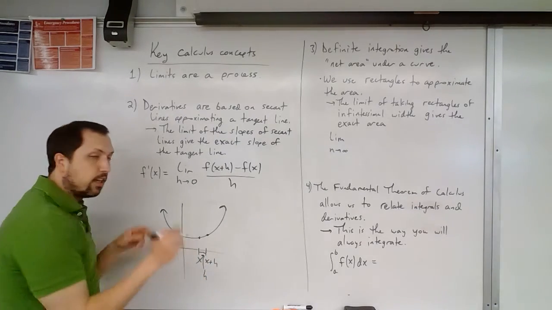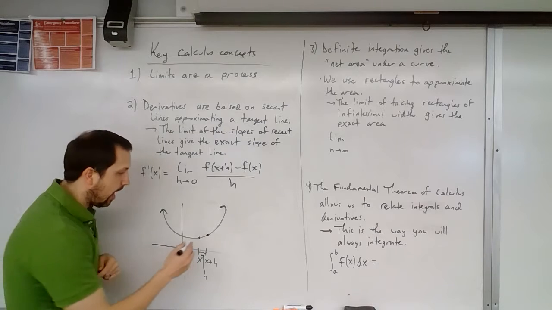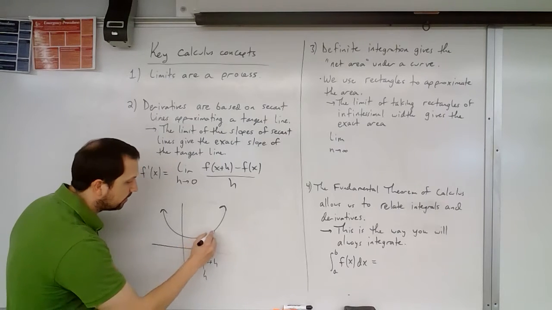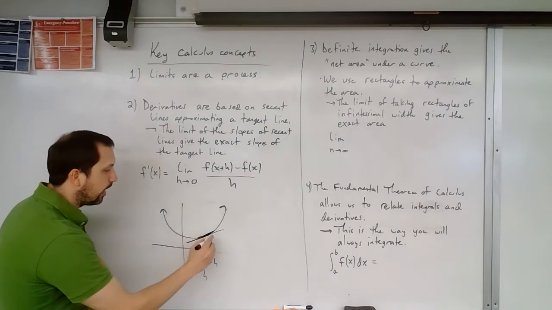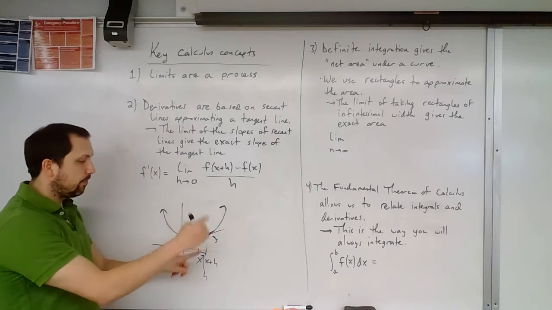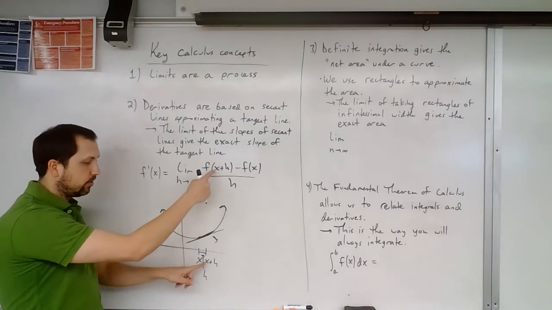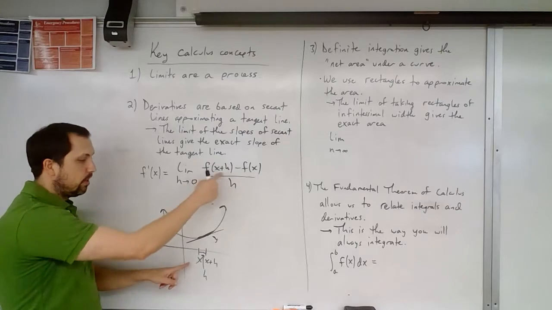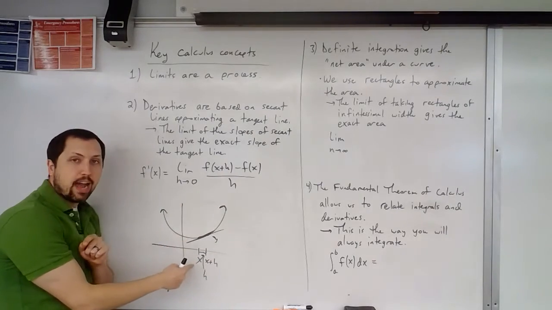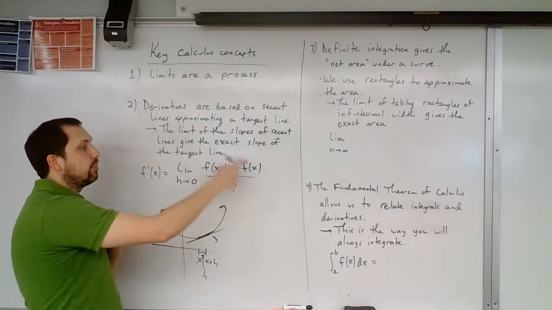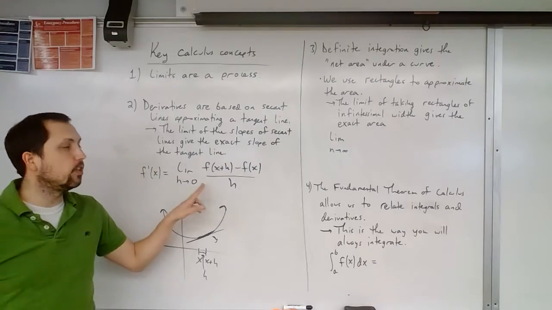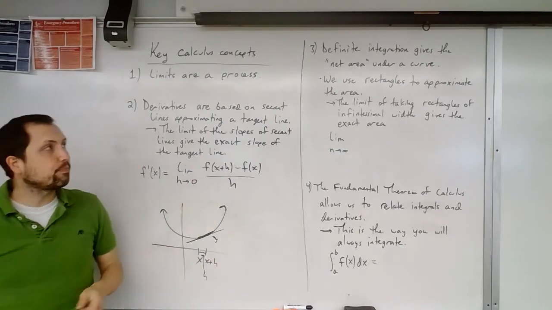So the change in y over the change in x, we're taking a look at this line here. The change in y is the difference between the y values. That's f of x plus h minus f of x. Change in x is x plus h minus x, which is just h. So this was our definition of a derivative that used limits.